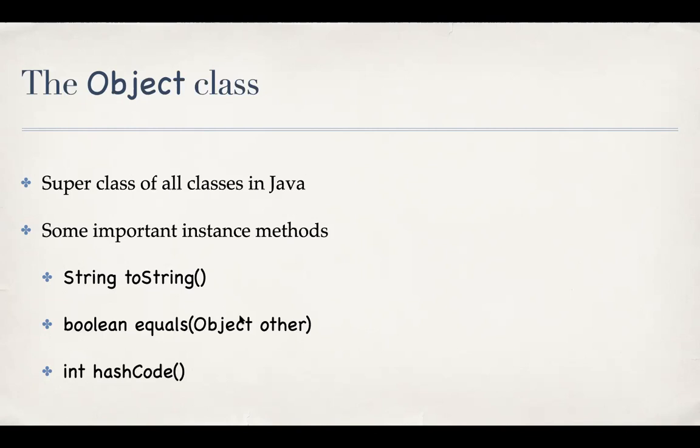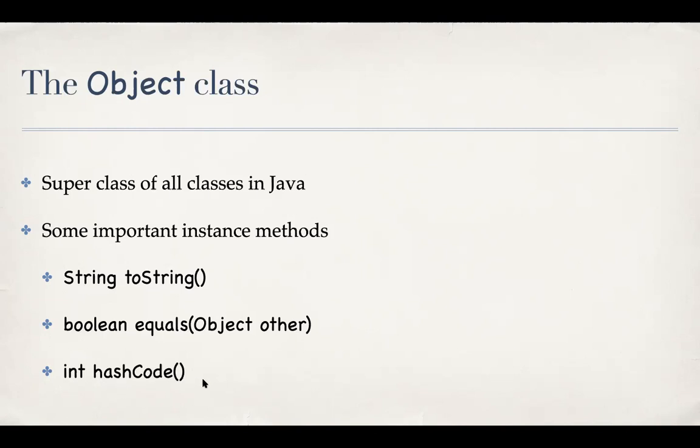The equals method takes an object as an argument and returns a Boolean telling whether the passed in object, the other, and this object are equal for the purposes of your program. The third common method, perhaps less commonly used than these two, but for a proper implementation of equals, this should be overridden and implemented as well.